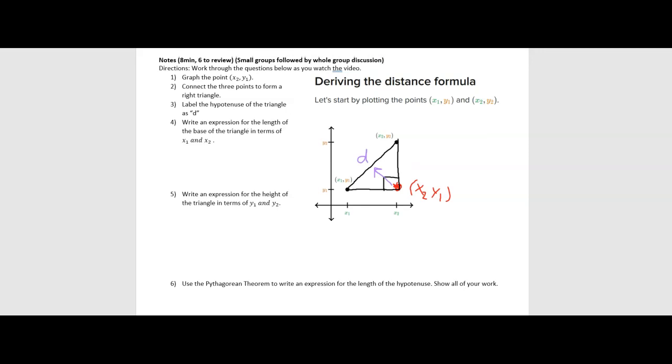It says write an expression for the length of the base of the triangle in terms of x1 and x2. Because the x and y axes are not labeled with actual numbers, we can't find a number length, but we can have an expression for the length. So this is what I was talking about before.